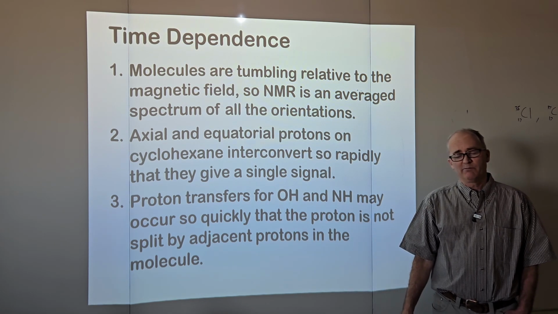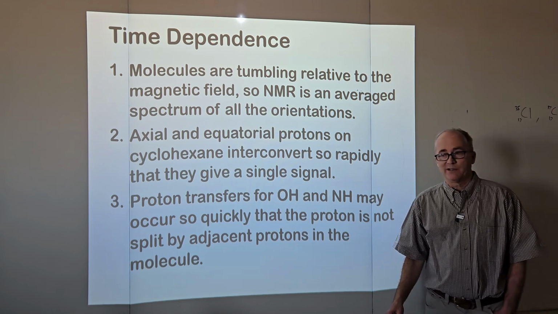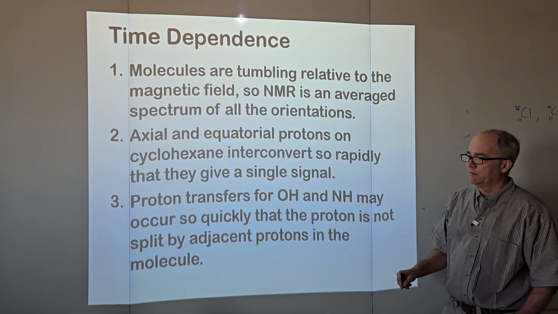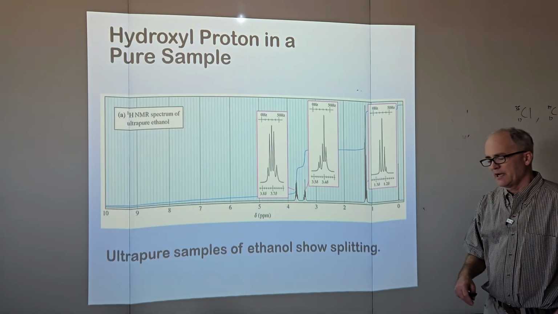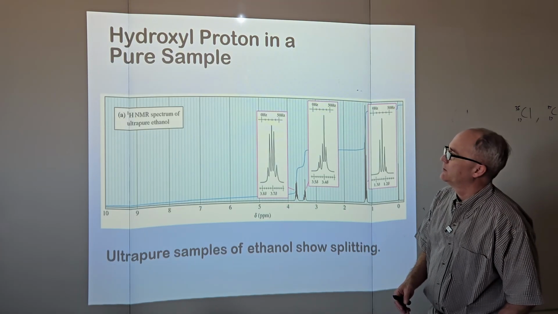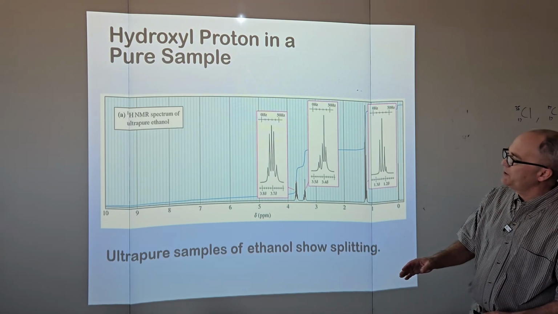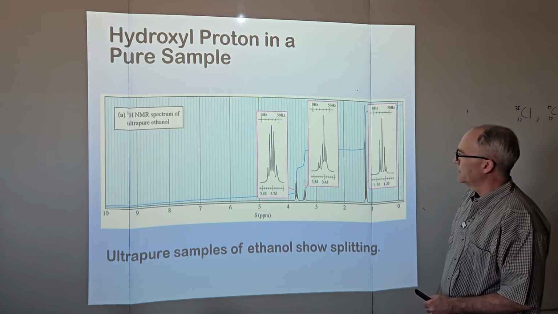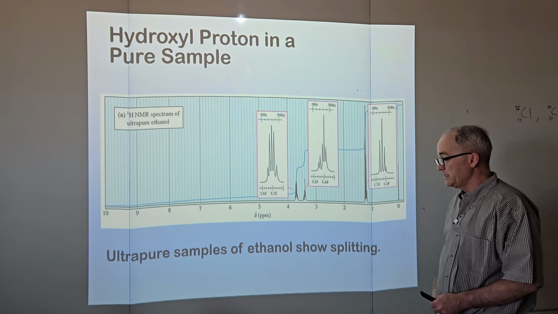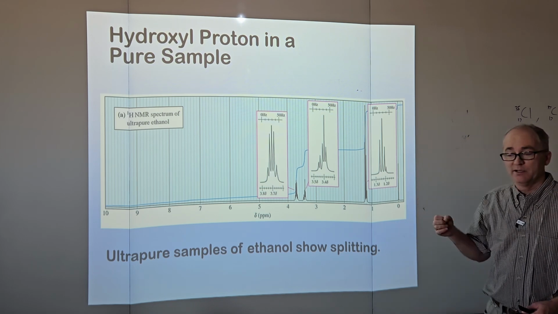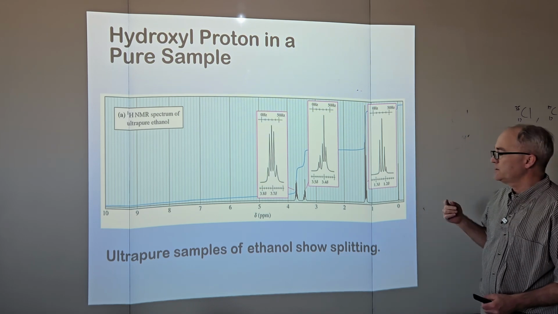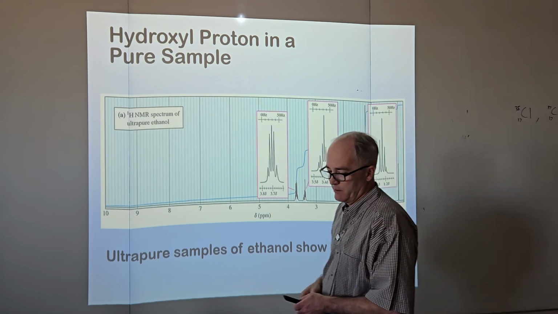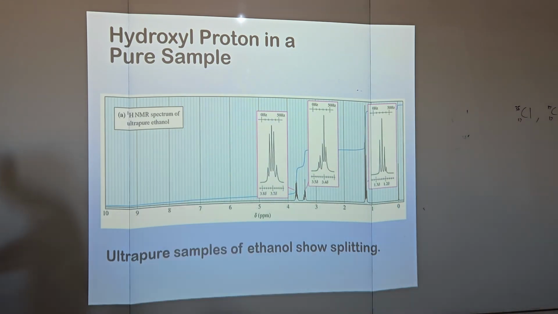Remember a couple days ago when we did isobutyl alcohol and we had that nice peak split into 9, and I said alcohols were weird. So here is ultra pure methanol, and if we can get the methanol pure enough, we will see the hydroxy proton split itself, and we should see it be splitting other things on the ethanol molecule.